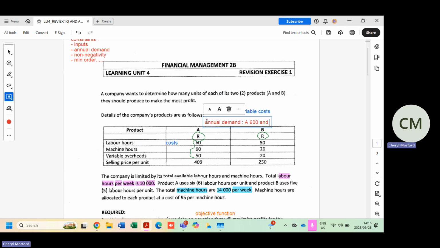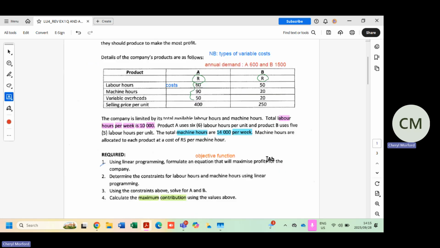And for product B, annual demand is 1,500. So that means that based on its estimations, the business does not expect to sell more than 600 units of product A and not any more than 1,500 units of B. So let's get on then and let us do the constraints.